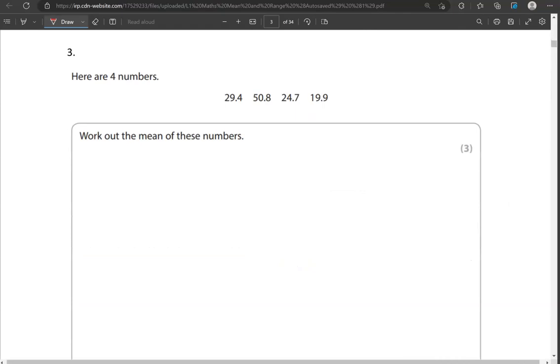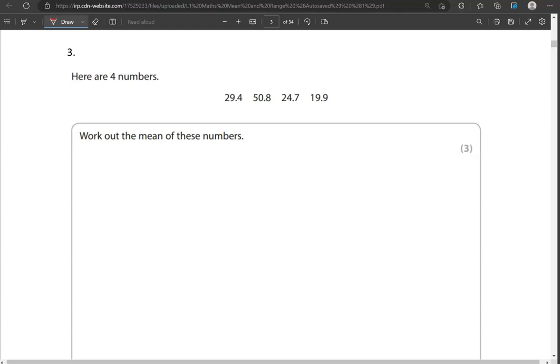Here are four numbers: 29.4, 50.8, 24.7, 19.9. Work out the mean of these numbers. So the mean is the average, so roughly in the middle. Therefore, we add all the numbers that we have and divide by how many there are. So we've got four numbers.